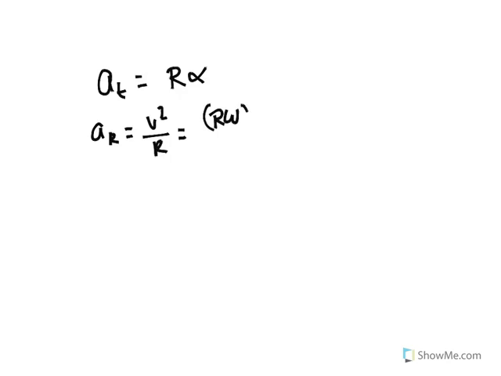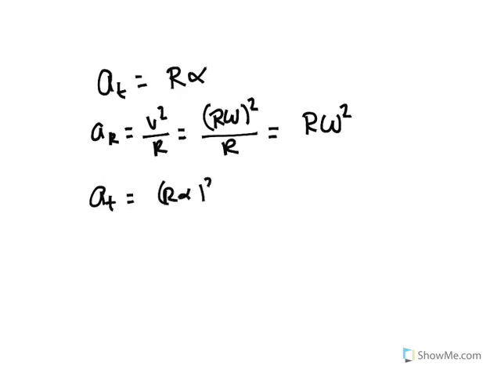In that sense, we can generate new expressions where the tangential acceleration equals r times alpha, while the radial acceleration is velocity squared over radius, which is r omega squared over... the radius squared times omega squared over radius, and this is radius times omega squared. In that sense, the total acceleration is going to be the square root of (r alpha) squared plus (r omega squared) squared.